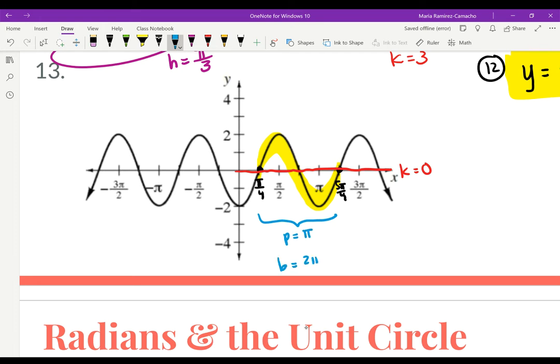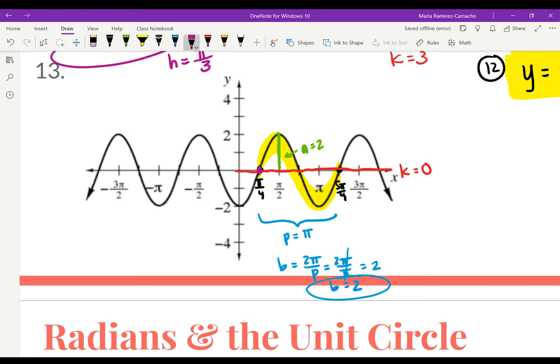B is equal to 2 pi over the period. So 2 pi over pi would simplify to 2. Okay, so B is 2. Our amplitude, this distance right here, this height would be 2.